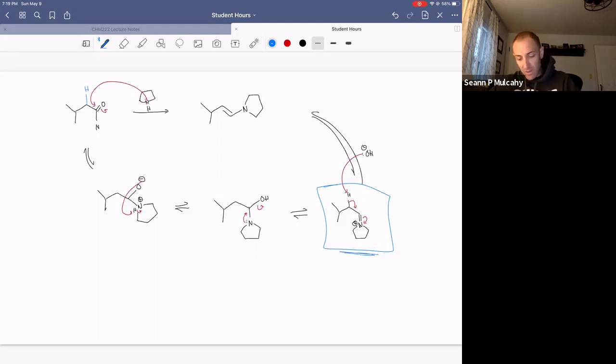Well, this one does too. The aminium ion does too. So this is an example of why I put this in here, because it resembles enolate deprotonation, or aminium ion deprotonation, to give you not an enolate, but in this case an enamine. Again, trying to relate it to something you've seen previously. Okay.